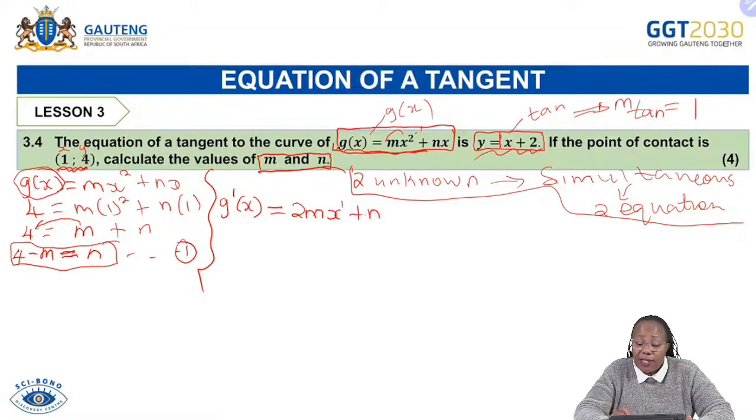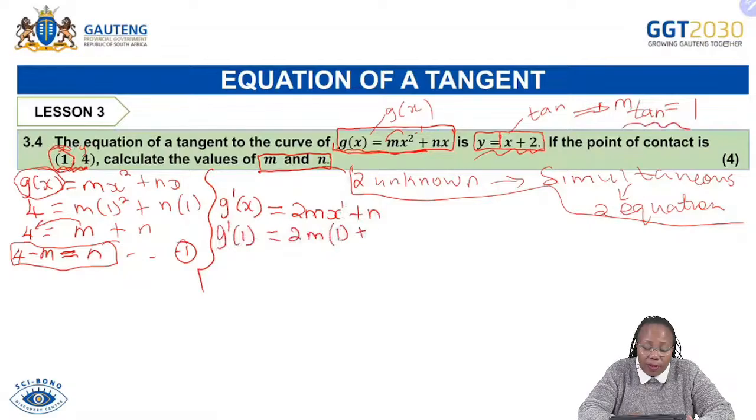And then remember this, the gradient is at x equals 1. So now we are going to substitute x = 1 into this derivative so that we can get the gradient of this particular problem. The minute you have substituted a value there, this is now the gradient of a tangent, which is 2m plus n.